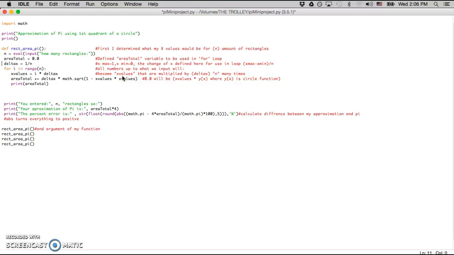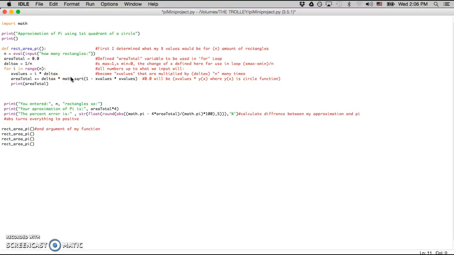The very first thing I had to do was identify what my x values would be for n amount of rectangles that we enter. Area total. Well, actually, I had to go back and do this.